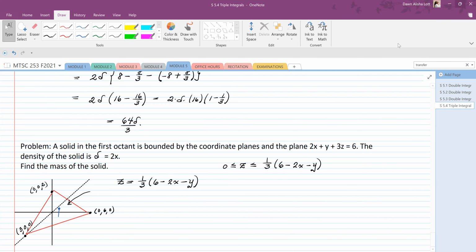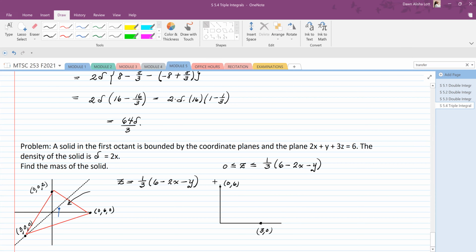Then now we got to figure out where y goes from. So now we got to draw a picture. So now we have the point 3, 0 and the point 0, 6. So I need the line between there.